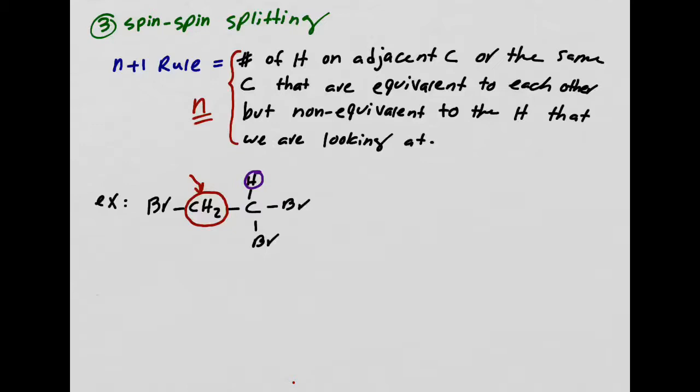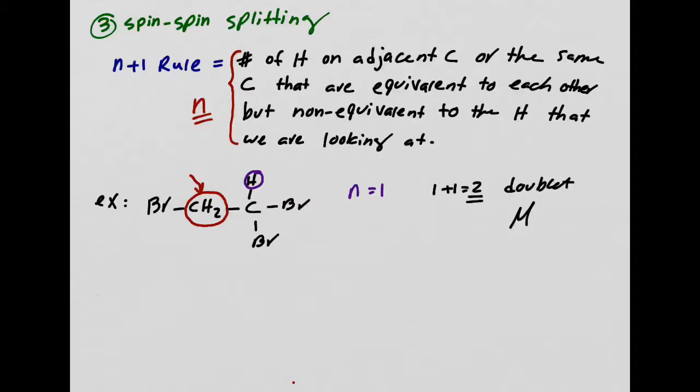What is my N value here? My N value is 1 because the adjacent carbon has only one hydrogen. So, N plus 1: 1 plus 1 would be 2. So we are going to have a doublet. It's going to have 2 lines when we have this peak.